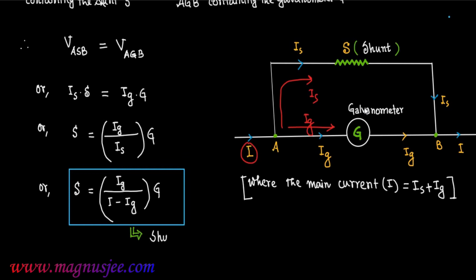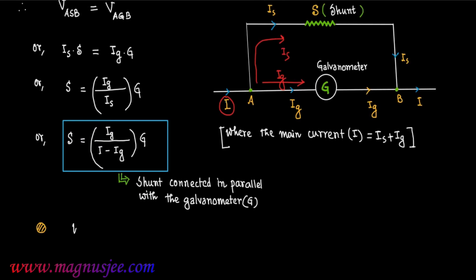And S equals Ig divided by (I minus Ig) into G is the shunt, or low resistance, which is connected in parallel with the galvanometer.